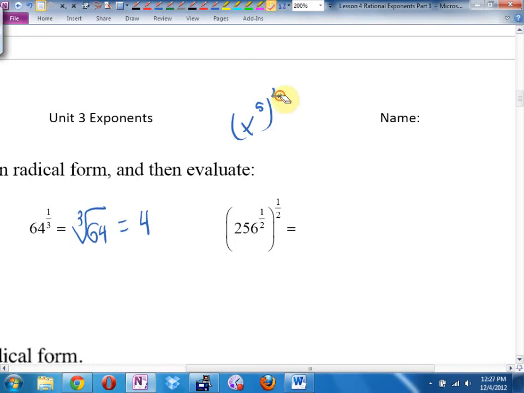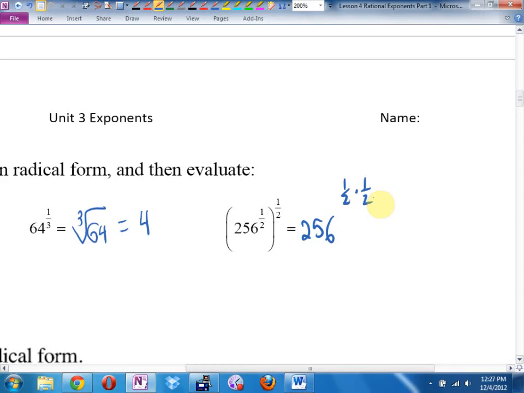Okay, so let's write, because this is a weird one, let's show extra work. This is going to be 256 to the power of 1/2 times 1/2. And you may have picked up the hint that I dropped last class. I said multiplying fractions is the easiest operation. It's top times top, bottom times bottom. 1/2 times 1/2.